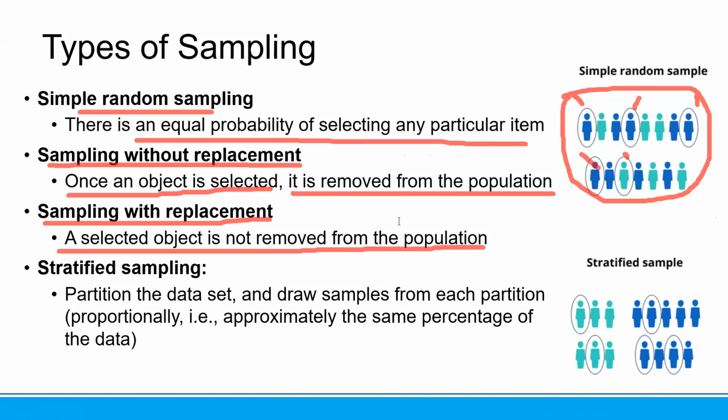It means the object can be re-selected, because once we select an object, we can put it again in the population. So if we select randomly, we can select it again from the population.